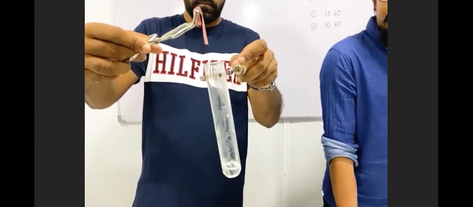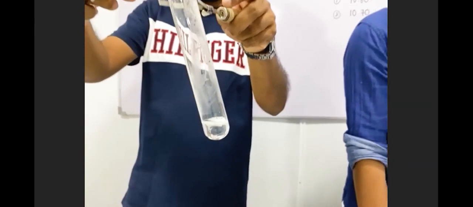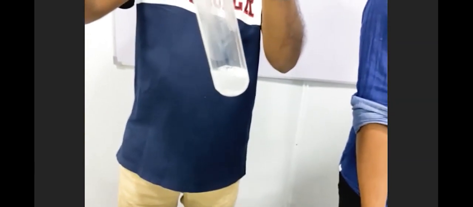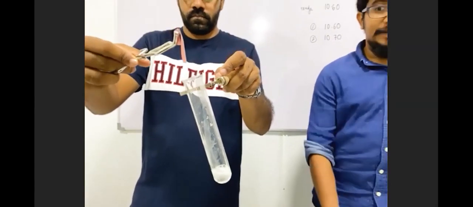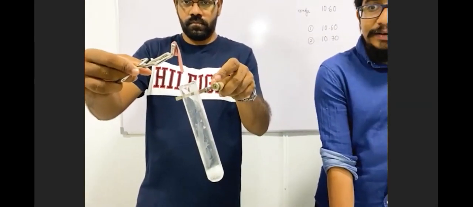Look at the test tube as well. You can see the effervescence there. But we will check what happens with the litmus paper. Litmus paper should change the color if there's any nitrate or nitrite.